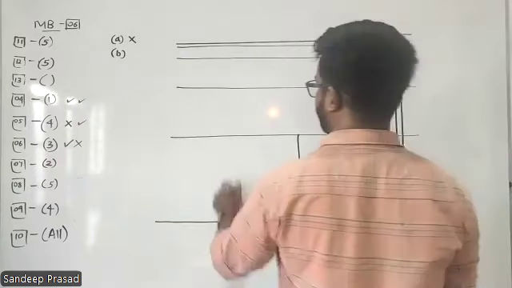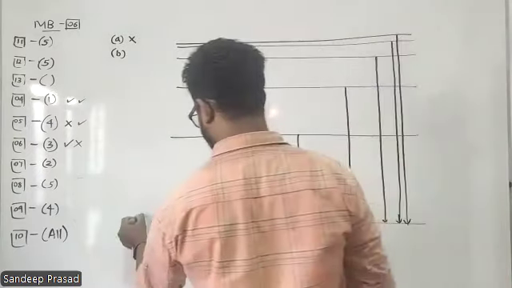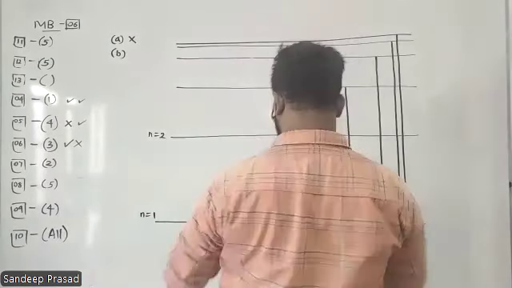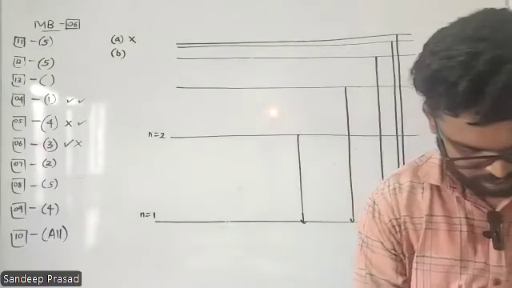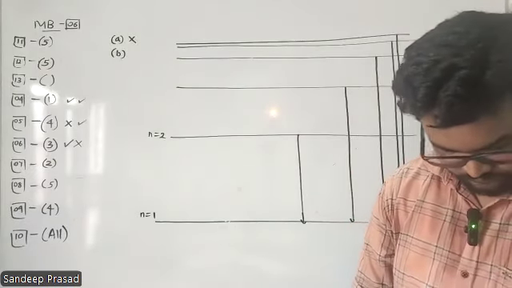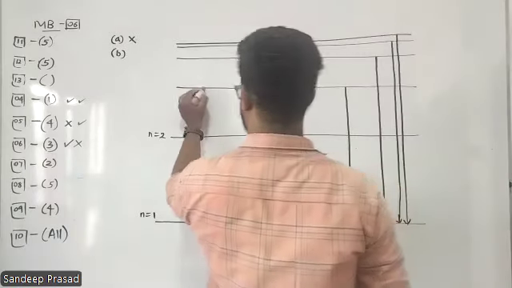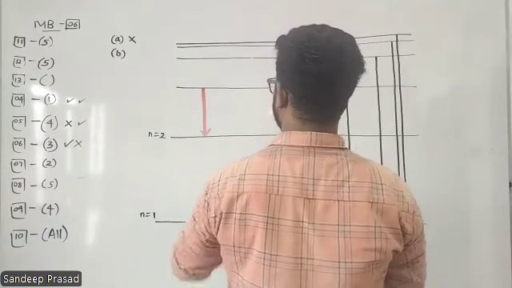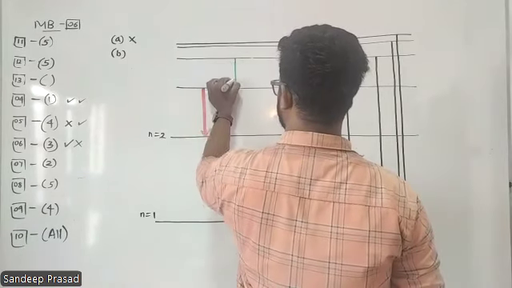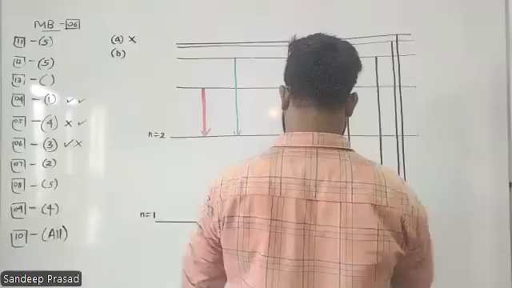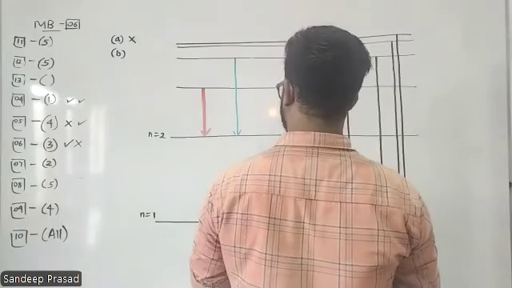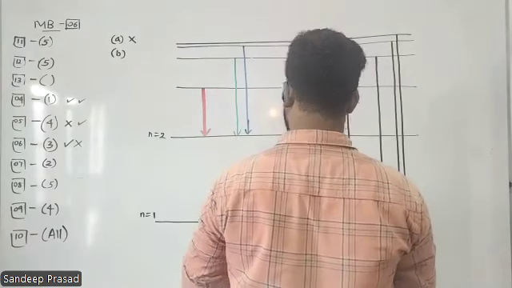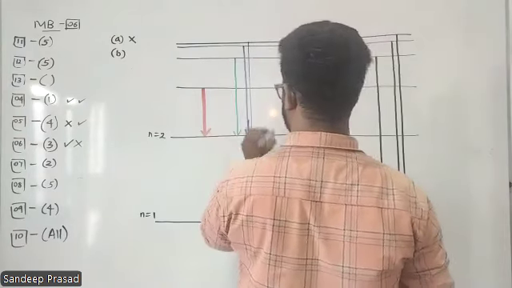So the Balmer series means transitions from higher energy levels to the second principal energy level, right? H alpha, H beta, H gamma, H delta.